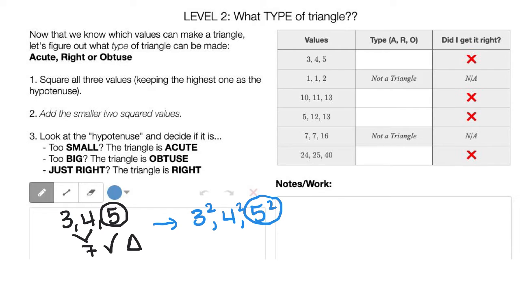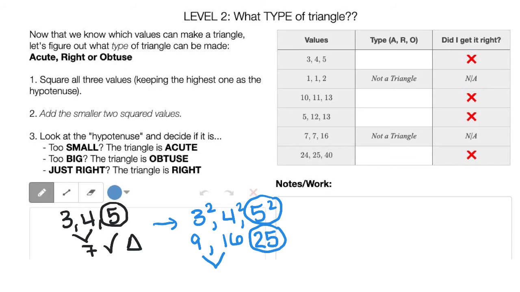And we're still going to stay focused on that biggest value. Okay, my biggest value, 5 squared, which is 25. Notice I keep that isolated. So circle it, space it out, somehow keep that single number by itself. 3 squared is 9. 4 squared is 16.